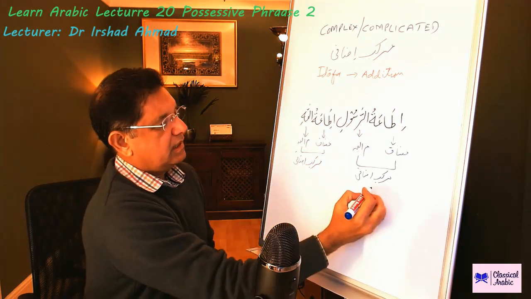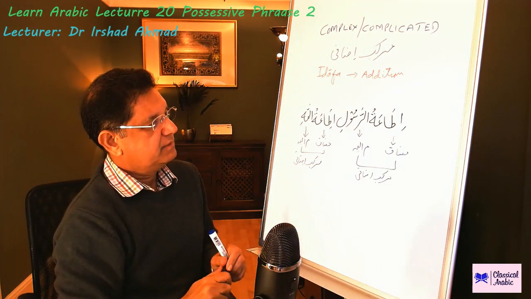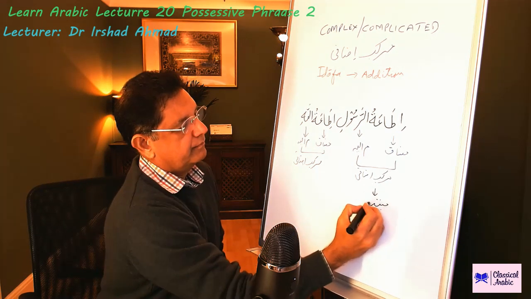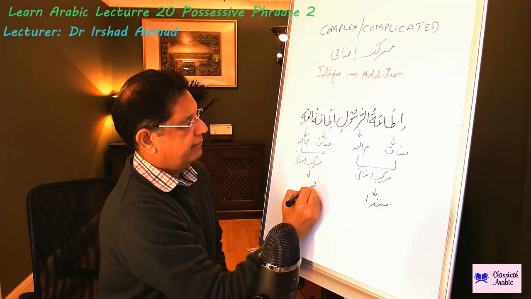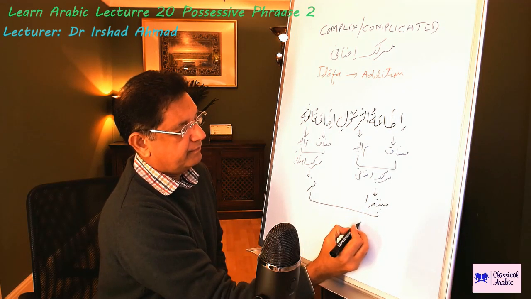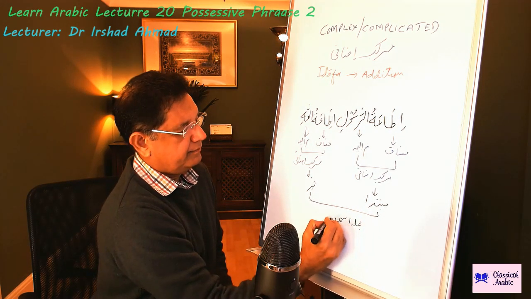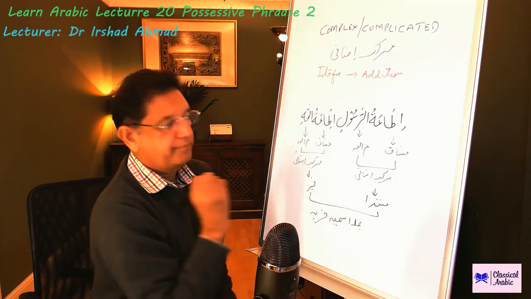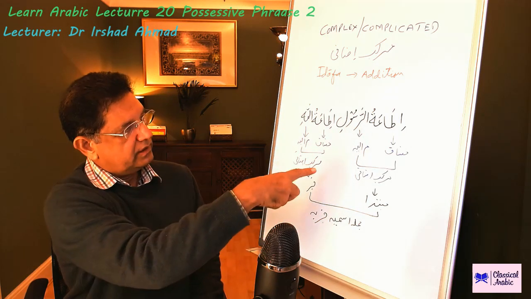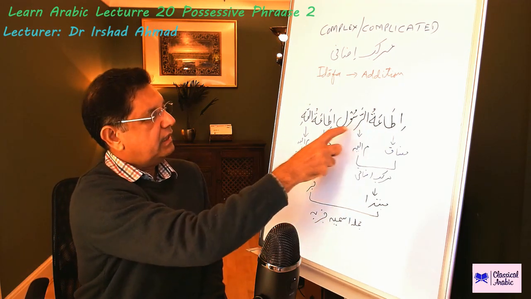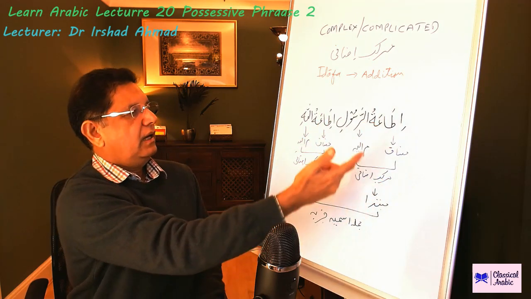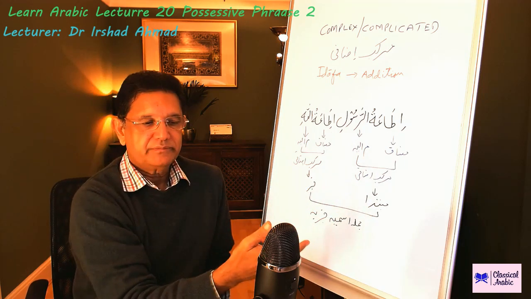So this is our Mubtada. The first Murakkab Idafi is our Mubtada, and this is our khabar. So Mubtada and Khabar combine to make Jumla Ismiya Khabariya. So that's how it works. Both Mubtada and Khabar may be a phrase, and in this example they are both Murakkab Idafi.